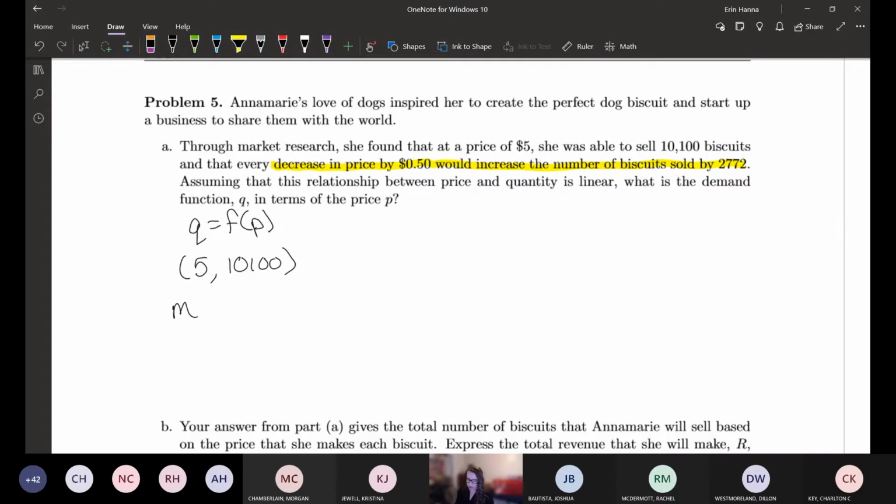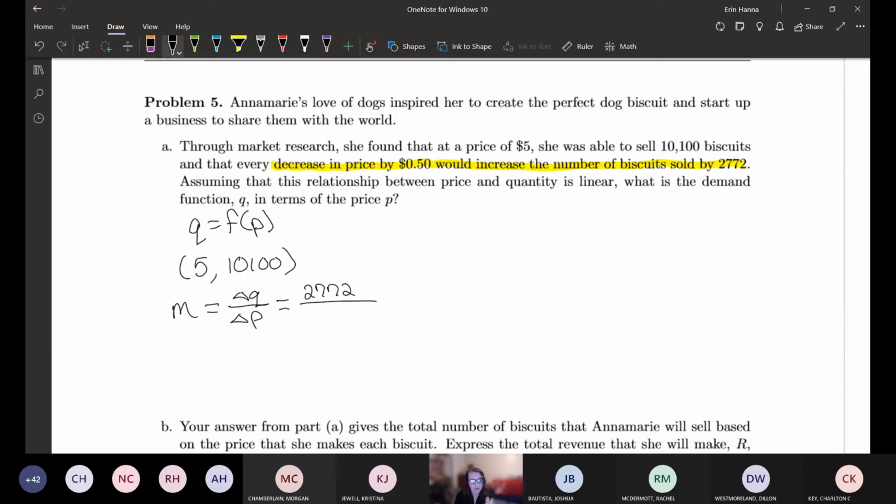Now, if we think about what the slope should be, since the slope is a change in y over change in x, in terms of our variables, that would be a change in Q over a change in P. So a change in quantity over a change in price. We're told we're increasing the number of biscuits sold by 2,772, so our change in Q would be 2,772.